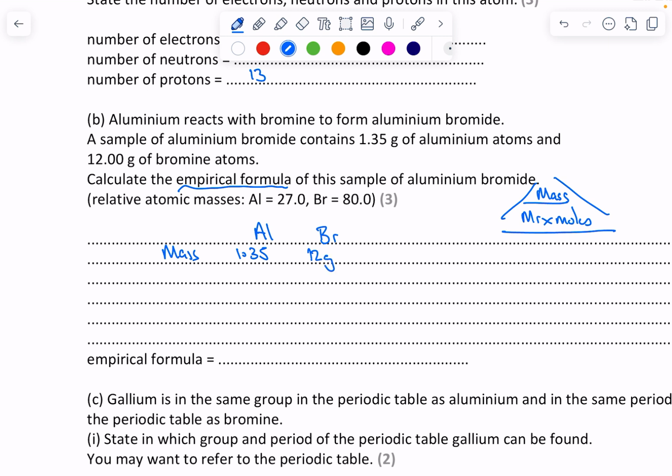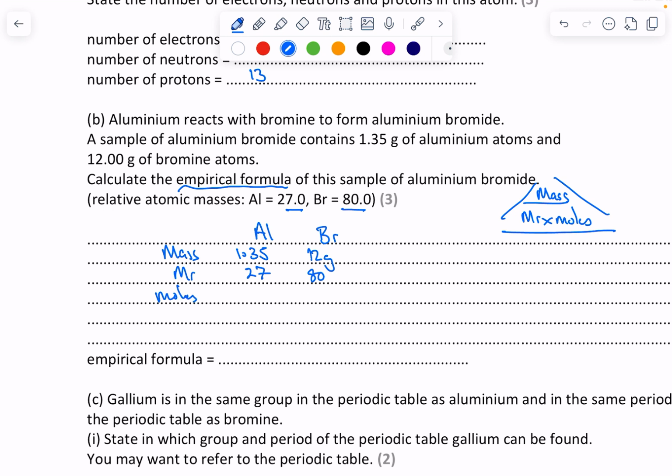So we've got our masses, and what we're trying to do here is find the moles. So if I have the mass, my next step is to put the Mr down. We've got those in the question: aluminium is 27 and bromine is 80. Then all we do is divide the numbers, so it's the mass divided by the Mr. And remember, that is going to give us the moles.